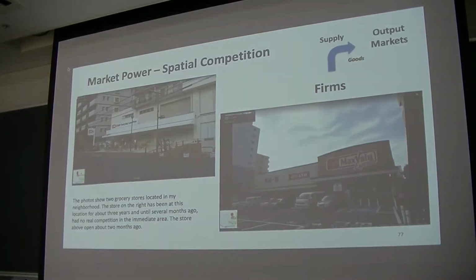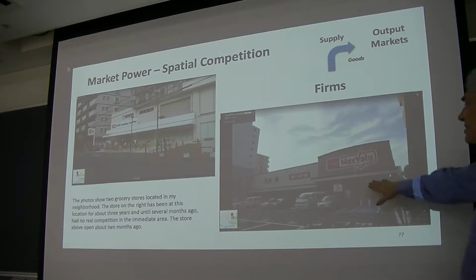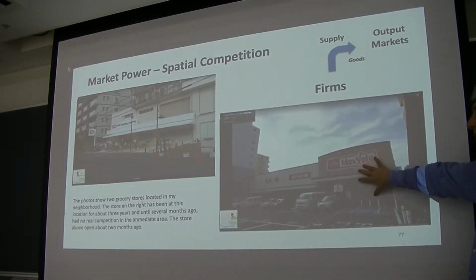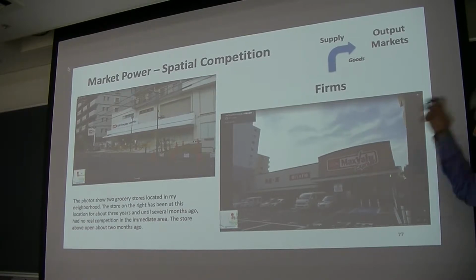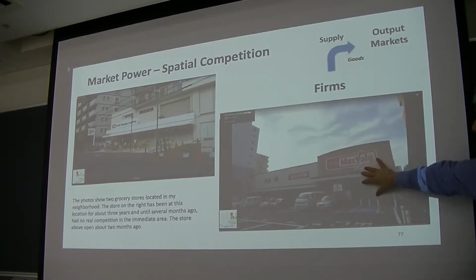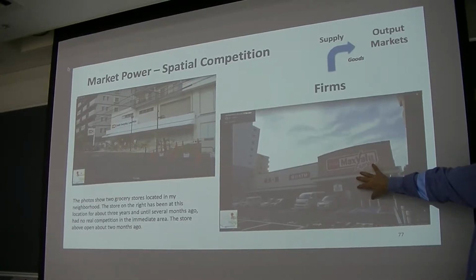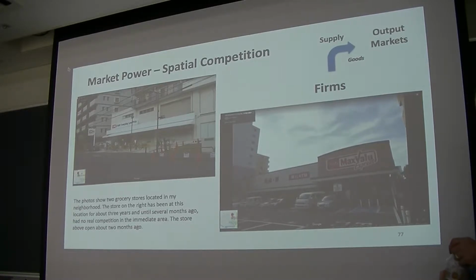I'll show you where they are in relationship to where I live and the neighborhood as a whole. This is an Eon store. This store to the right went in about 4 years ago. Until the store went in, there was nothing. We had no grocery shopping within a 10-minute walk.